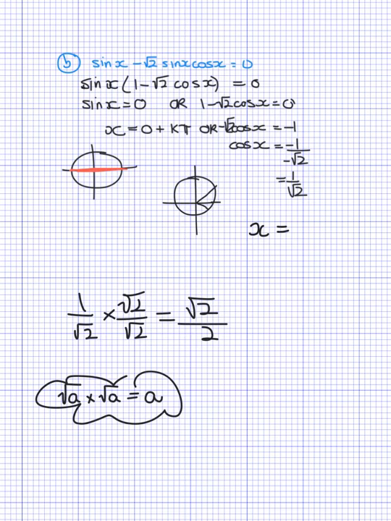So we can see from our unit circle, therefore, that x equals pi on 4 plus k 2 pi, or instead of what we had before, it's going to equal 7 pi on 4 plus k 2 pi. And there are our two solutions for x. So x can be all of those values.